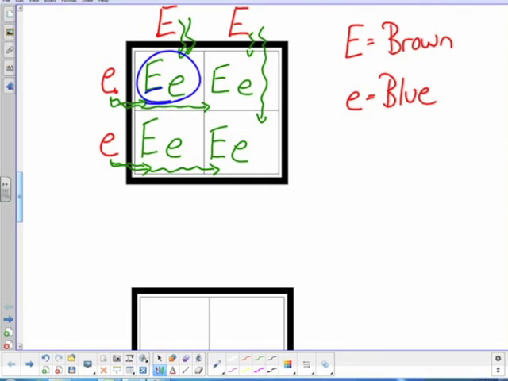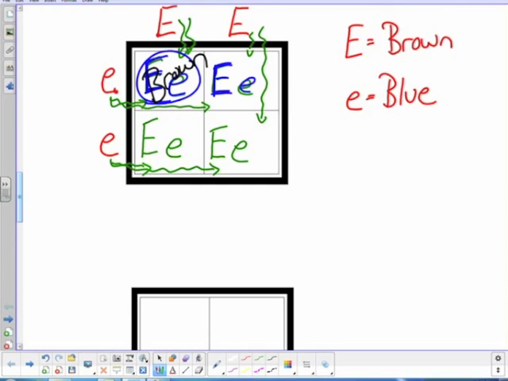I've got dominant brown, recessive blue. Okay. The dominant overtakes the blue. Therefore, this first one is going to be brown. And it just so happens that in this case, this is also going to be brown. The dominant E overtakes the recessive blue.